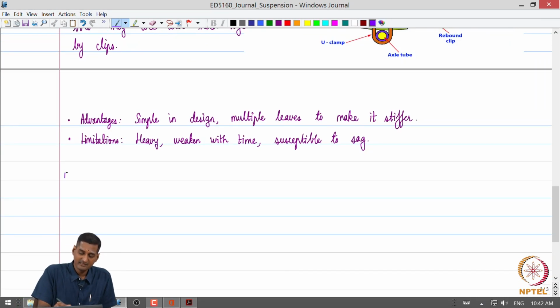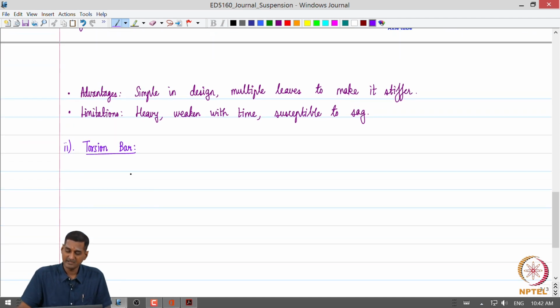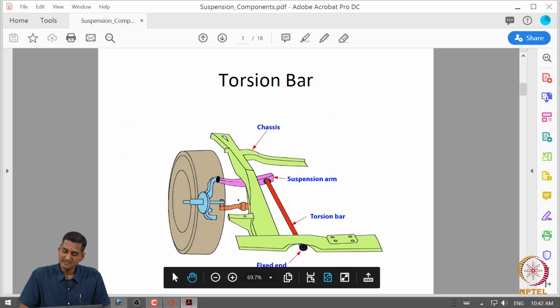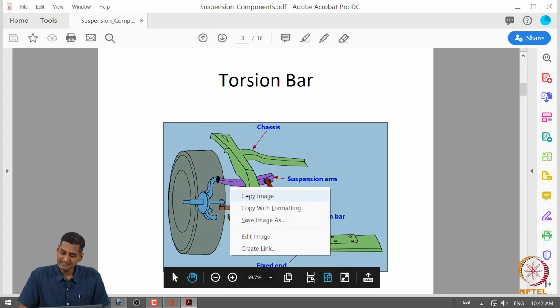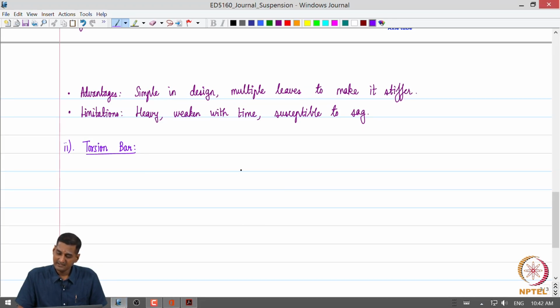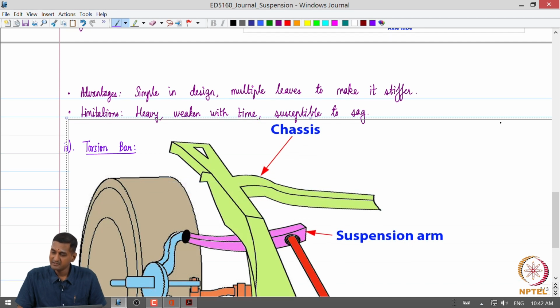popular, right. So, the second type of energy absorbing element is what is called a torsion bar. So, what is a torsion bar? Okay. So, a torsion bar, as the name indicates, essentially is a structure which will ensure that energy is stored in it when it is twisted.